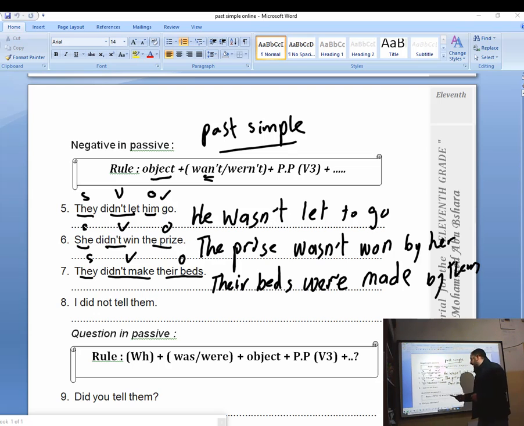Okay. Next, I did not tell them. I is the subject, did not tell is the verb, them as the object. We start with the object, and as I told you, this is an objective pronoun. We change it into the subjective pronoun, they.